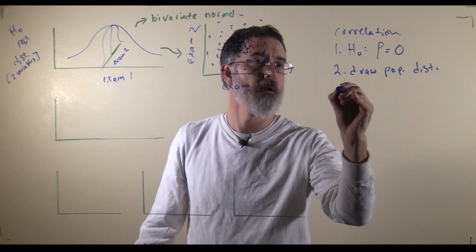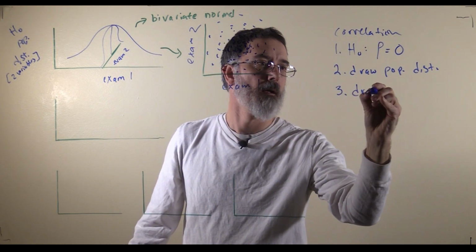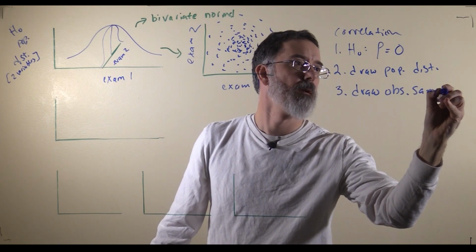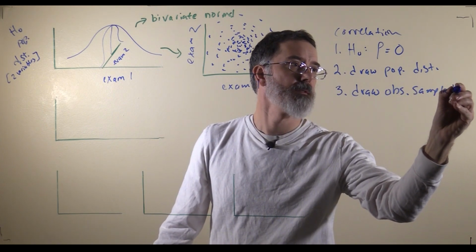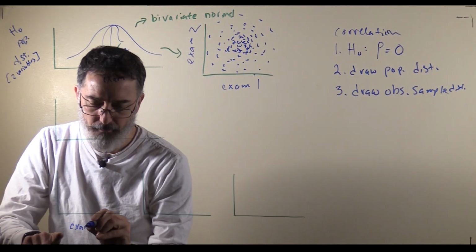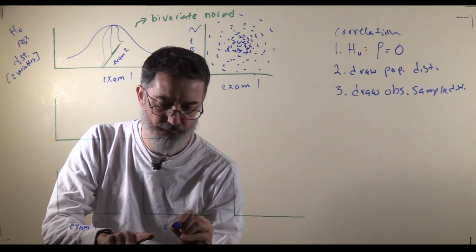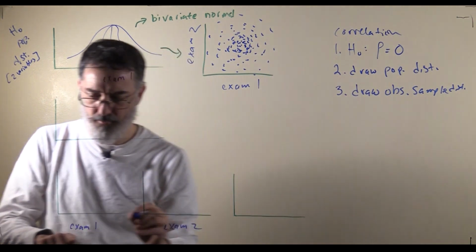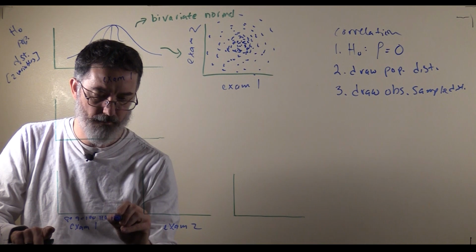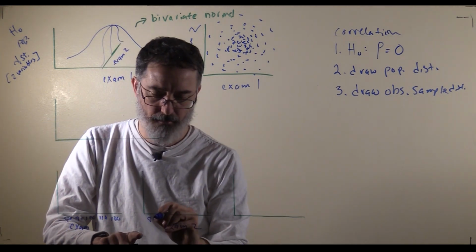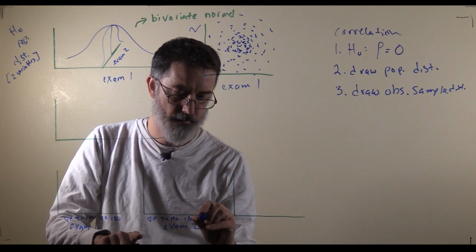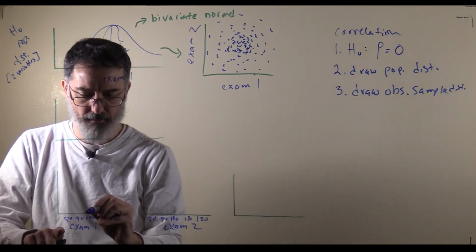Next, we'll draw the observed sample distributions. Right, so here we have exam 1 scores and exam 2 scores, and we'll say that they look like this.